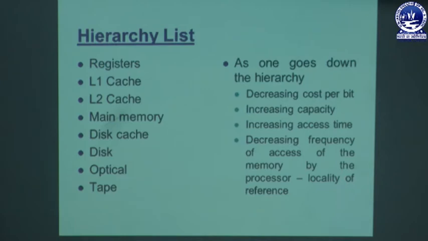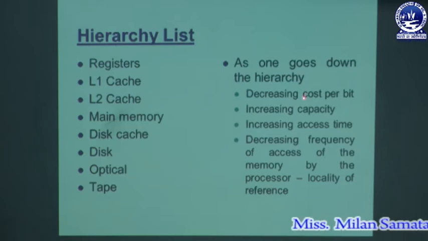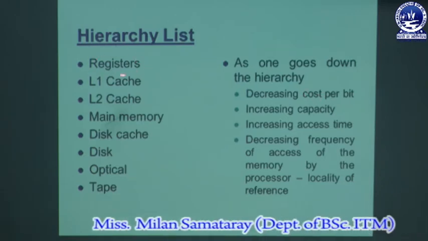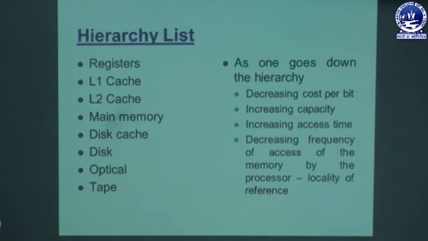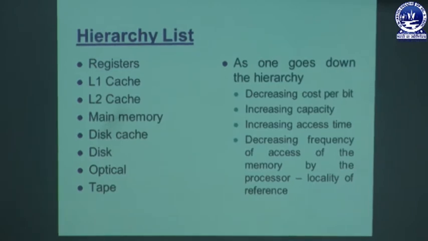So if we go from the top to bottom, there is a decreasing cost per bit. Actually cost per bit does not mean the cost of this memory device, it is the cost of the bits which are stored in this register. If we want to buy a computer with a RAM size of, let's say, 64 GB, because nowadays computers have 4 GB RAM or 8 GB like this.